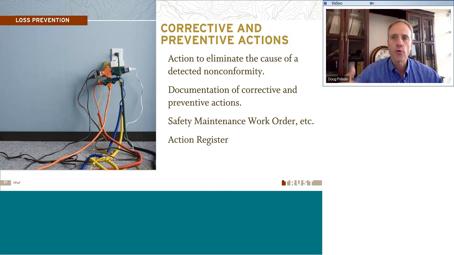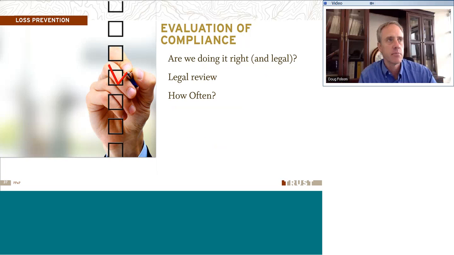So corrective and preventative actions need to be a part of the management system that you put into place. And we need to be able to evaluate it, like Debbie mentioned. We need to have some sort of metric that we're following, so that we can show that it is actually being done, that it's being completed.